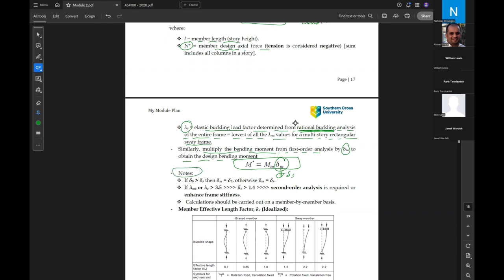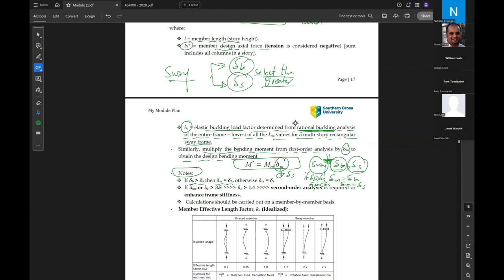Okay, here are some notes. If delta B is more than delta S, then delta M equals delta B. One of the notes you need to know is that for a sway member, you need to calculate lambda B and lambda S. If lambda B is more than lambda S, then lambda M will be equal to lambda B. If lambda B is the greater, take lambda B. If lambda B is less than lambda S, then take lambda S. So for a sway member, we have to calculate lambda B and lambda S and select the greater of them.